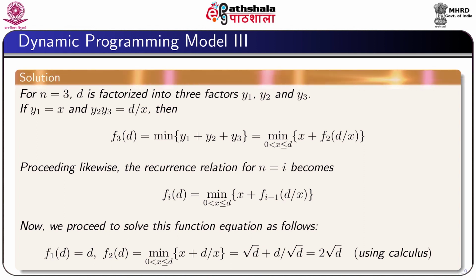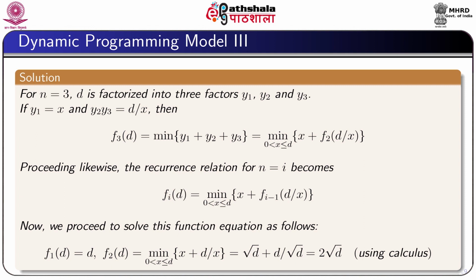Then f3 d is equal to minimum of y1 plus y2 plus y3, which is equal to minimum of x plus f2 d by x, where 0 less than x less than or equal to d. Proceeding likewise, the recurrence relation for n equal to i can be obtained as fi d equal to minimum of x plus f i minus 1 d by x, where 0 less than x less than or equal to d.